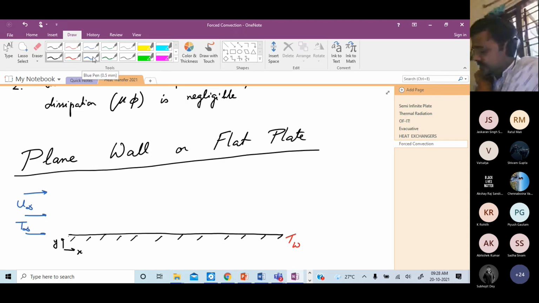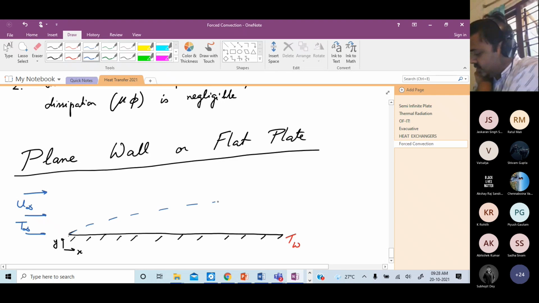So what do we know from fluid mechanics? From fluid mechanics, we know that there exists something called a momentum boundary layer or a velocity boundary layer. I'm going to write it as delta. And over there, what happens? The velocity changes from 0 at the surface to 99.9% of the free stream velocity.